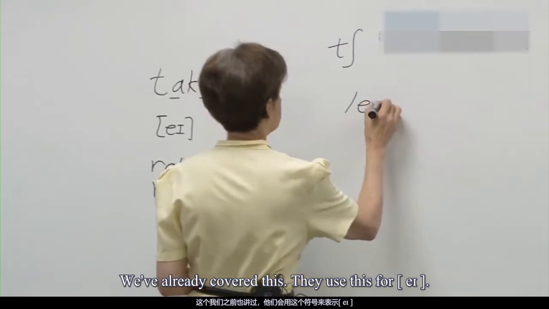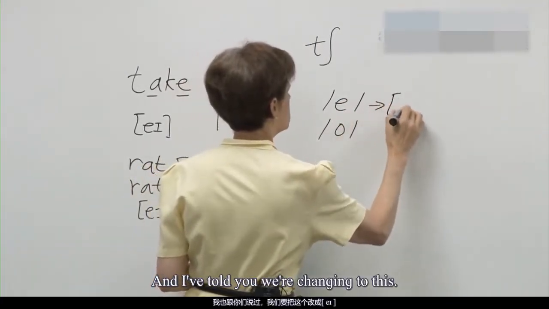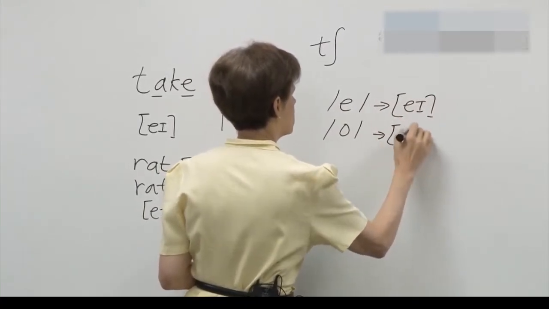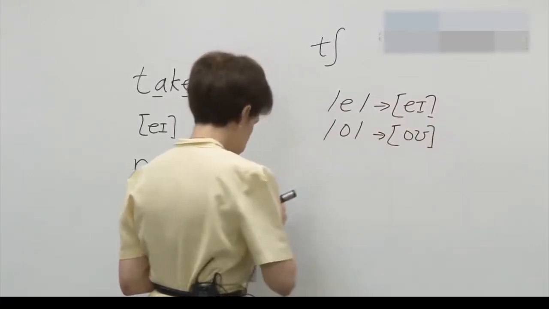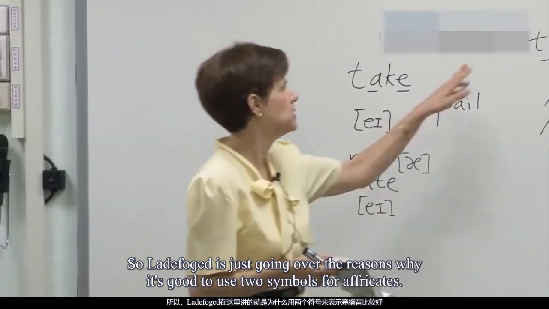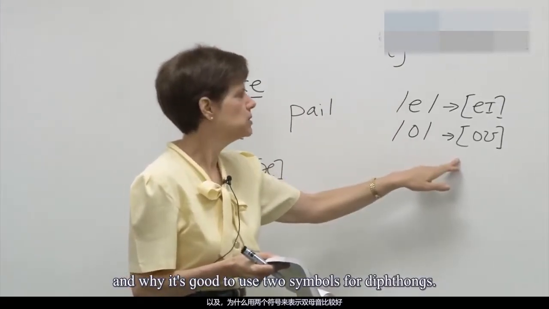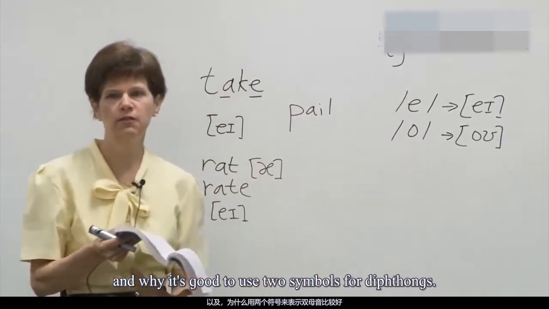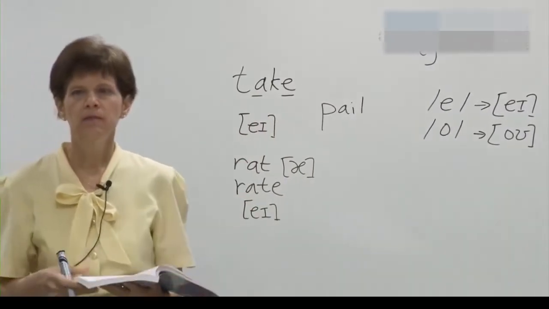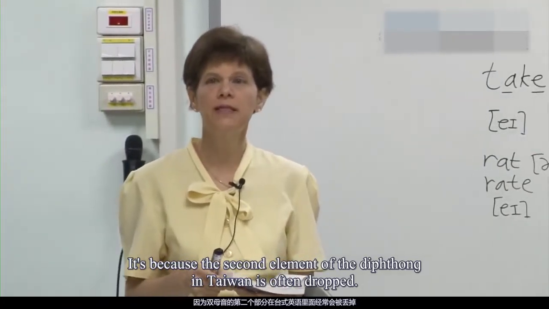They use this for A, they use this for O, and I've told you we're changing to this and this for O. So he is just going over the reasons why it's good to use two symbols for affricates and why it's good to use two symbols for diphthongs. In Taiwan, it's especially important, as I've mentioned earlier. It's because the second element of the diphthong in Taiwan is often dropped.